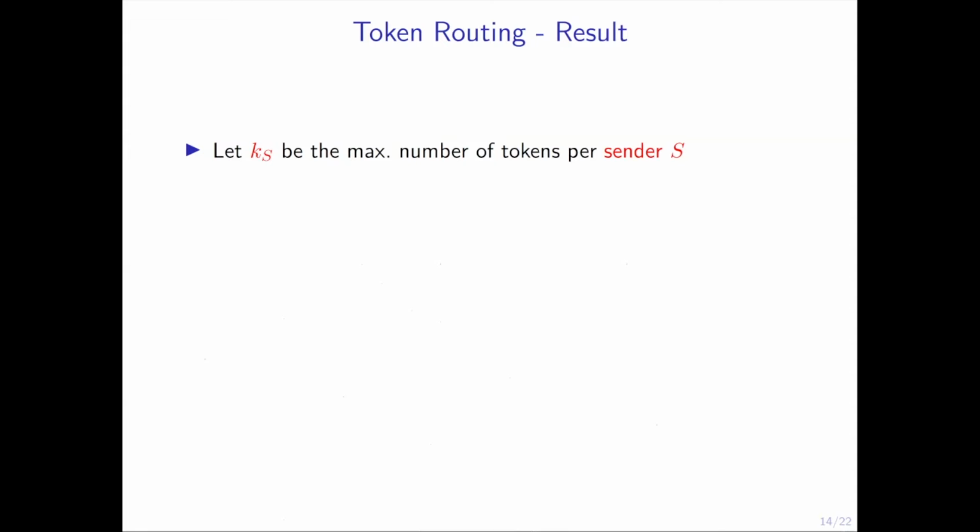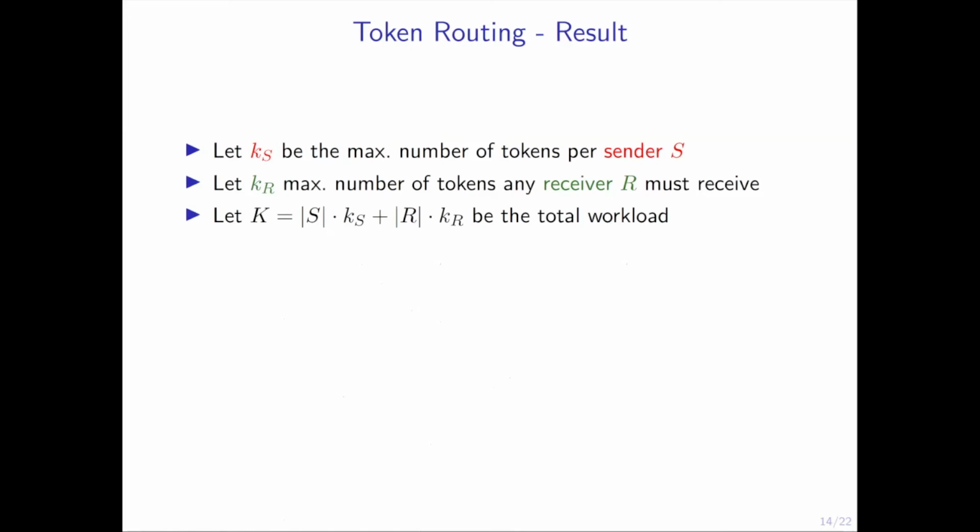So next are some definitions. Let K_S be the maximum number of tokens per sender, and let K_R be the maximum number of tokens any receiver must receive. And let capital K be the total workload, namely the overall number of send and receive operations that need to take place.